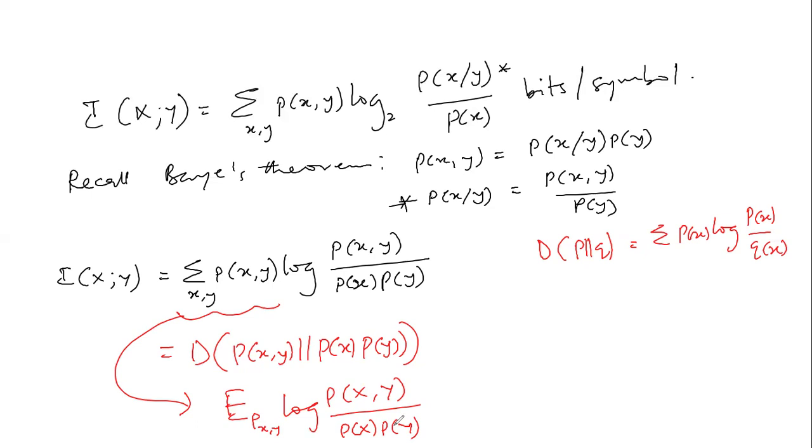Hence, mutual information is a measure of the amount of information that one random variable contains about another random variable. In other words, we can put it more formally that it is the reduction in the uncertainty of one random variable due to the knowledge of another random variable. Okay?